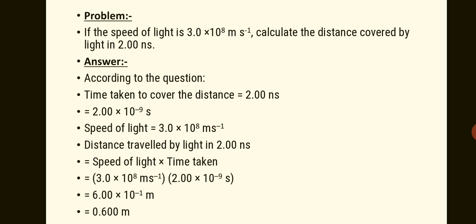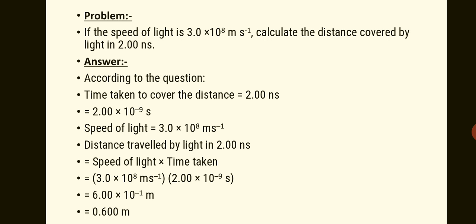Now the speed of light we all know is 3 into 10 raised to power 8 meter per second. The distance traveled by light in 2 nanosecond is found using the formula speed of light multiplied by the time taken. So the speed of light is 3.0 into 10 raised to power 8 meter per second, and the time taken is 2 into 10 raised to power minus 9 second. If we multiply, 3 times 2 is 6.